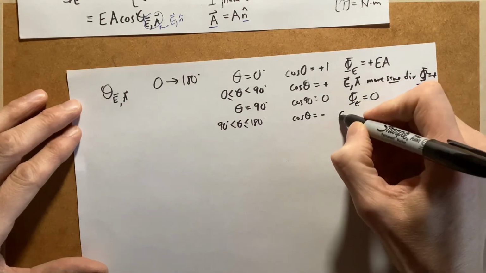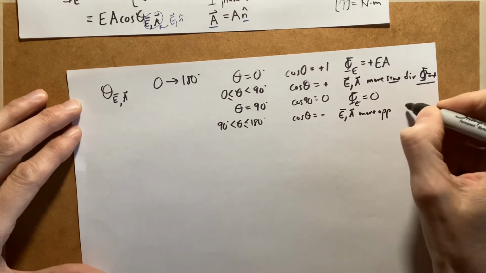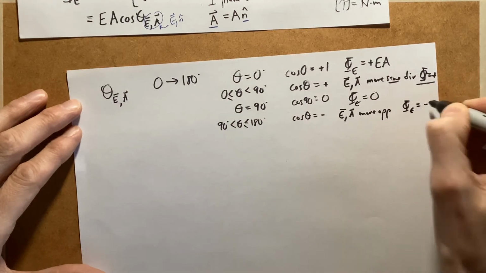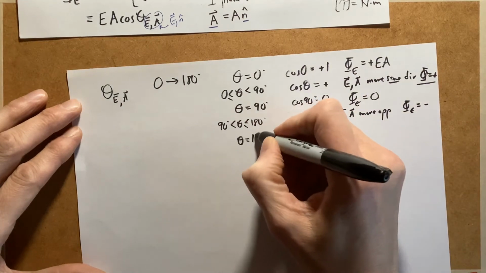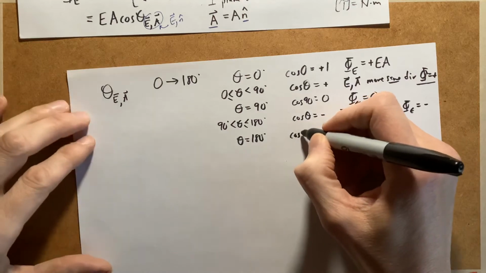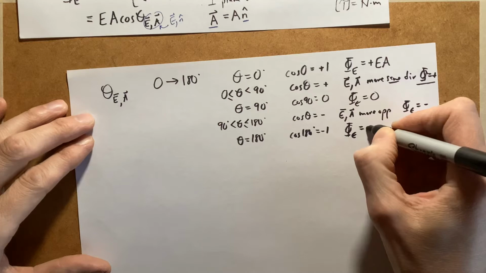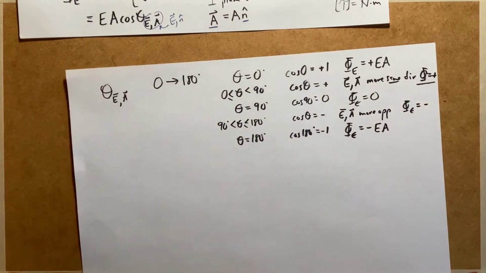That is when the two vectors point more oppositely, and then the flux will be negative. And finally, the maximum angle is 180, then cosine of 180 is -1, and we get that the flux is minus EA. Okay, so that's just a review of the math of the dot product.